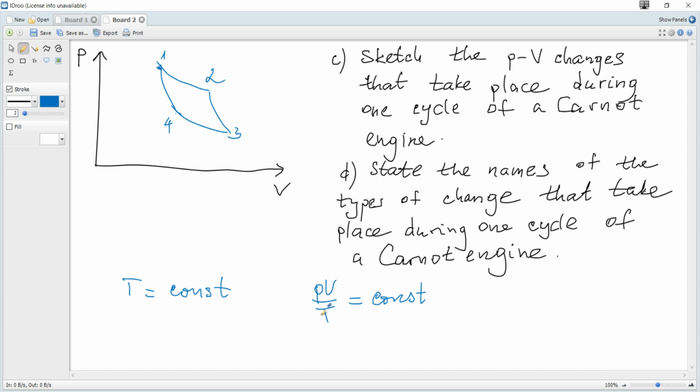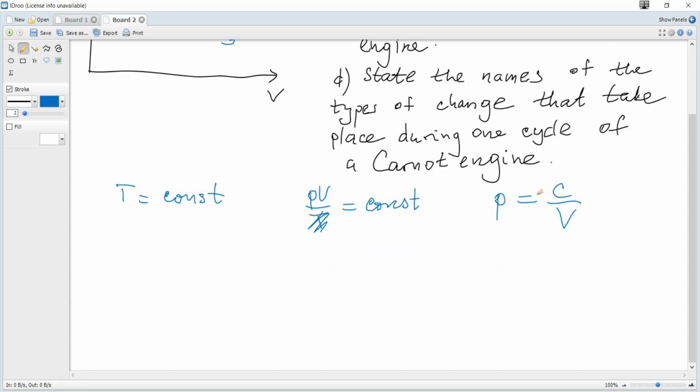And if temperature is constant, you can see that P depends on V as some constant divided by volume, and just from mass it looks like a hyperbola. But for adiabatic, a formula is given in the data booklet: PV to the power of 5/3 is constant.